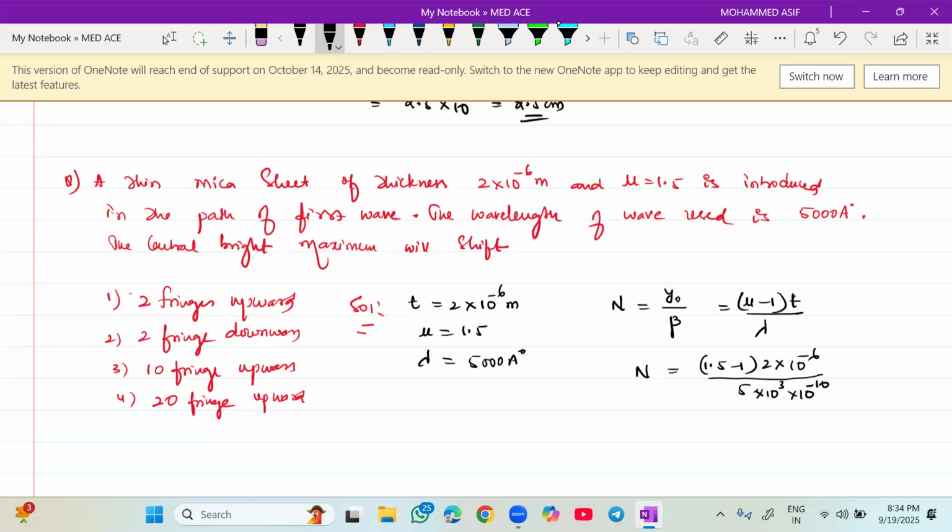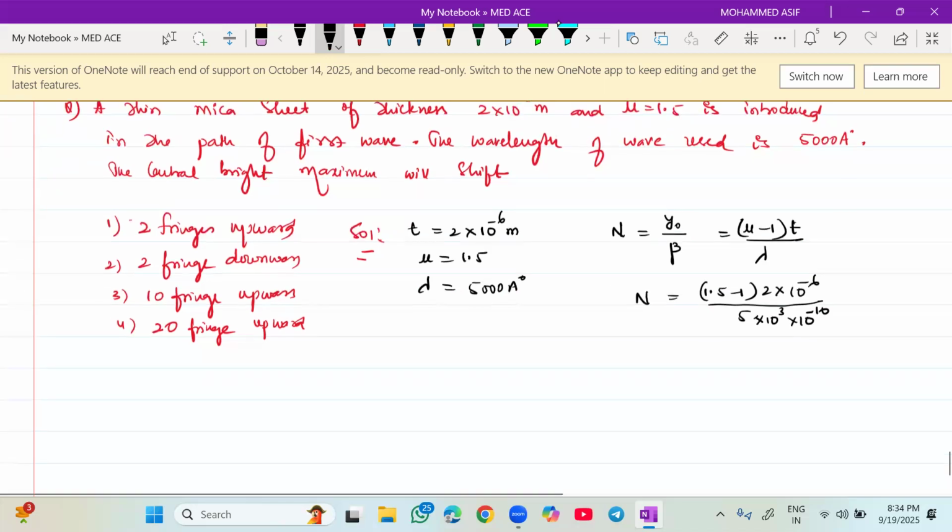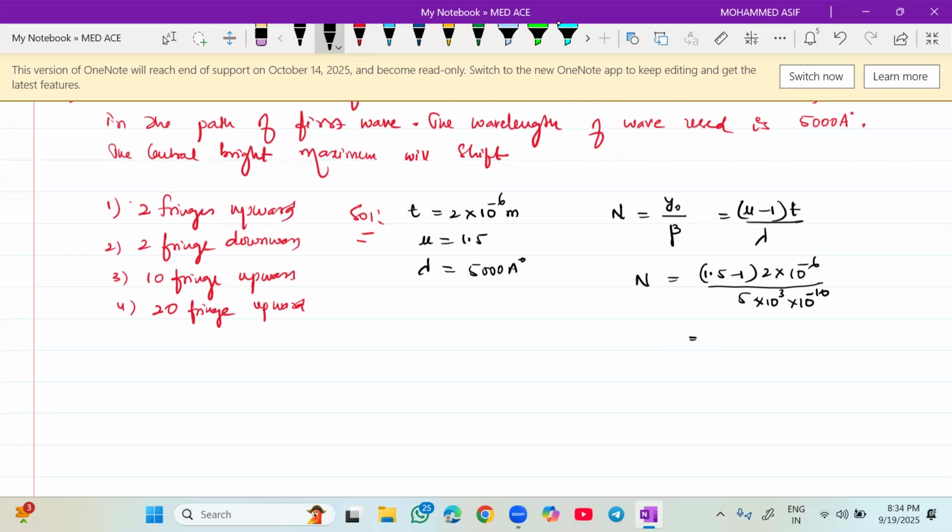See how much I'm getting. 1.5 minus 1 is how much? 0.5 into 2 into 10 power minus 6 divided by 5 into 10 power minus 7. So this will be equal to how much? 0.5 and this 2 will get cancelled. So this will be equal to 1 by 5 into 10 power minus 6, this will become plus 7. Minus 6 plus 7 will be equal to how much?